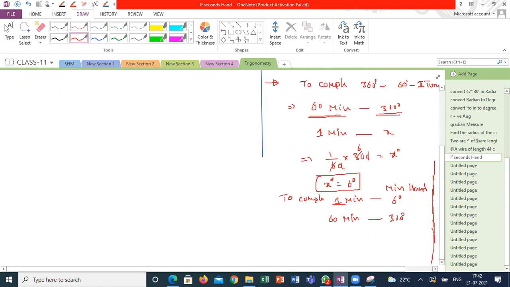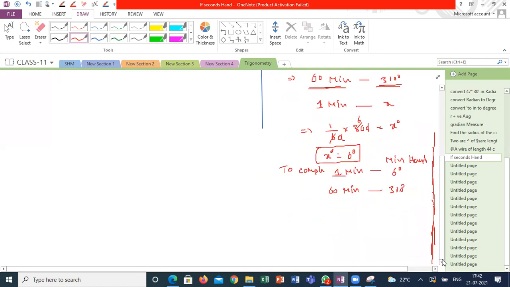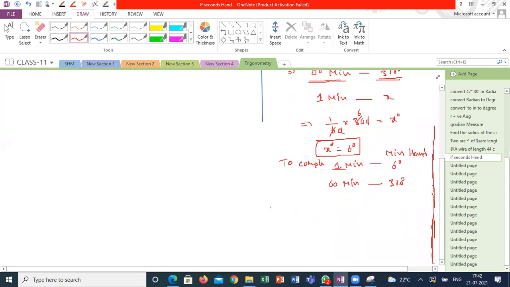Now, like this you can also do it. What is the angle subtended in 15 minutes? For 0 minutes, it will subtend 0 degrees. For 15 minutes, it will subtend 90 degrees.